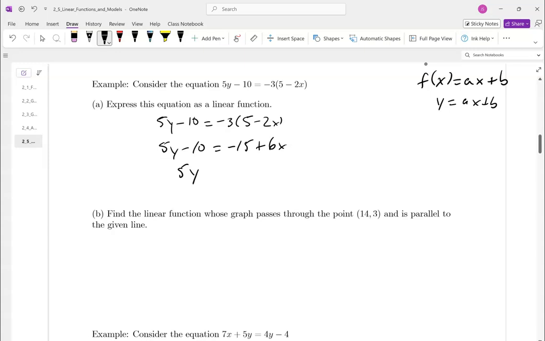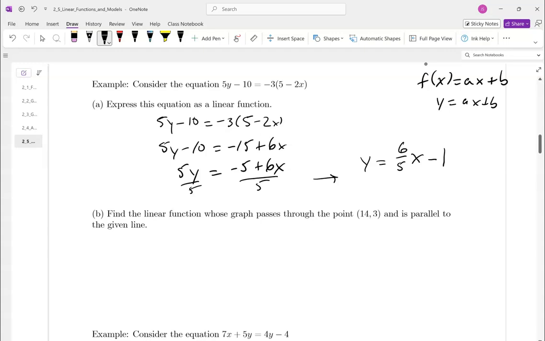Add the 10 to both sides. When we add 10 to both sides, we get negative 5 plus 6x. Divide everything by 5. So we have y equals, I'll flip-flop it, 6/5 x minus 1.